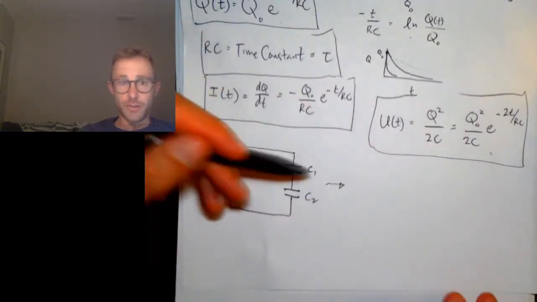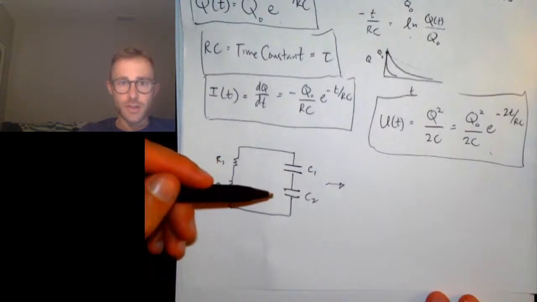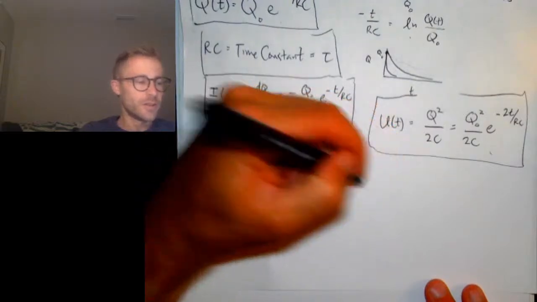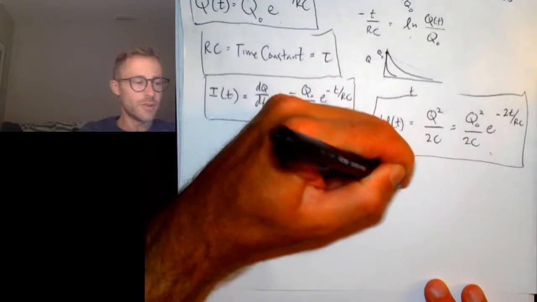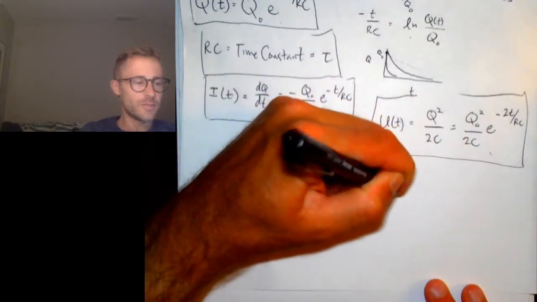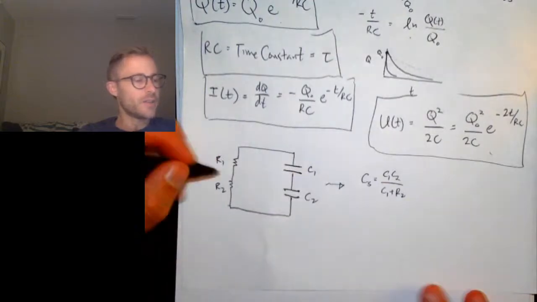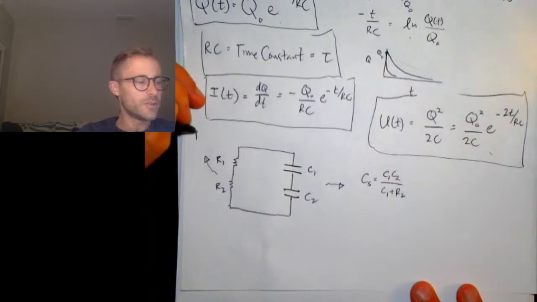You want to combine the two capacitors into one. So if you have two capacitors that are in series, the total capacitance is going to be, so C sub S is going to be C1 C2 over C1 plus C2. So that's the series capacitance of 2. And then the series resistance is just going to be R1 plus R2.